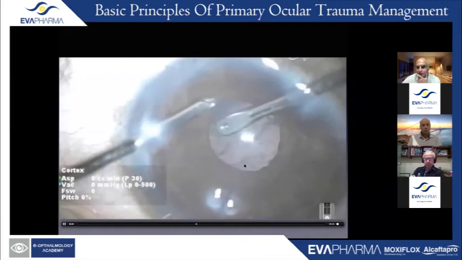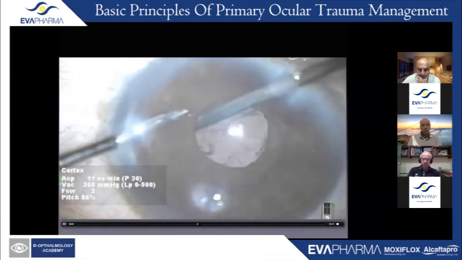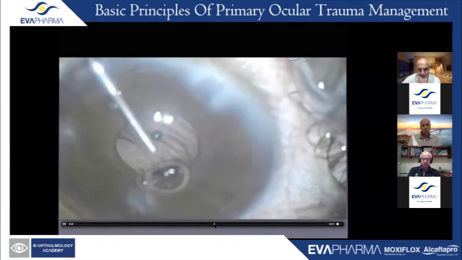You have to evaluate the posterior capsule for any opening.